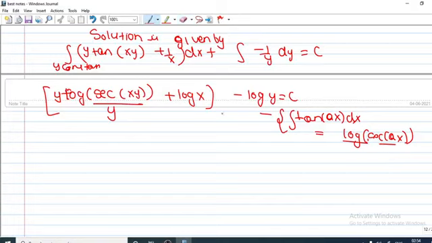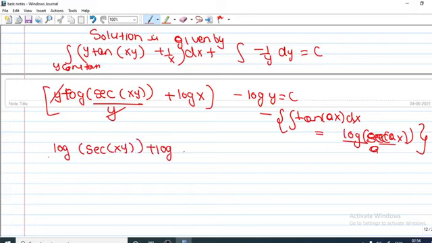So this was the formula which we used, and y will cancel out from here. Here we will be left with log sec xy plus log x minus log y equals c. So this is our answer.